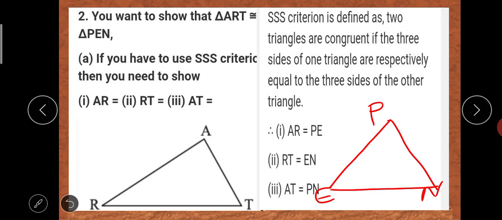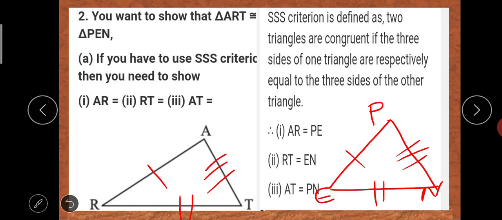Now we have to show that here AR, one means this side, is congruent to which side? Here it is PE. Okay. Then RT is congruent to EN, and AT is congruent to PN. So what we see here is three sides, that means the SSS criteria.